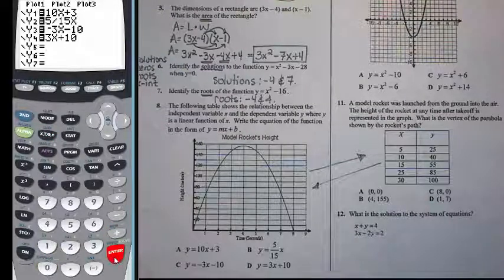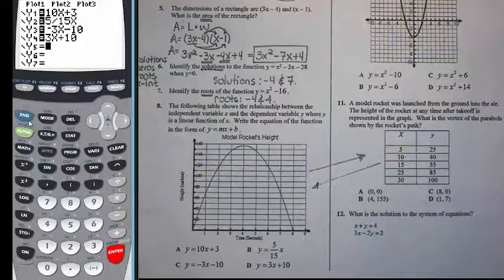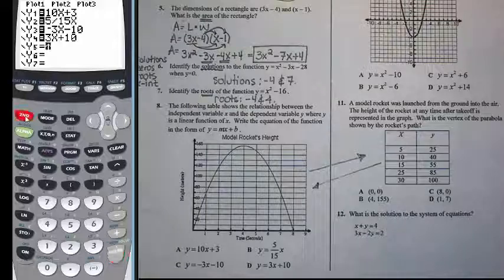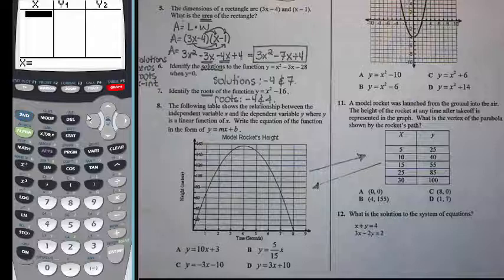Enter. Now that we have entered all the equations, we want to move on to the window that shows the table. So let's press second, table. That shows our table, and we want to enter the values for x.